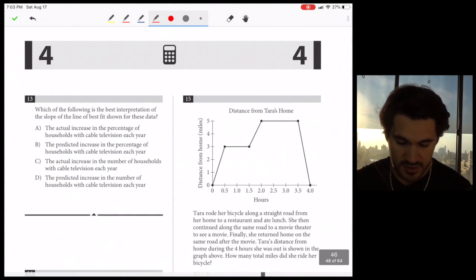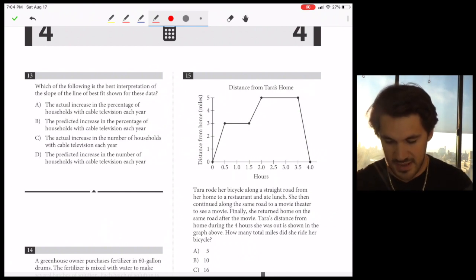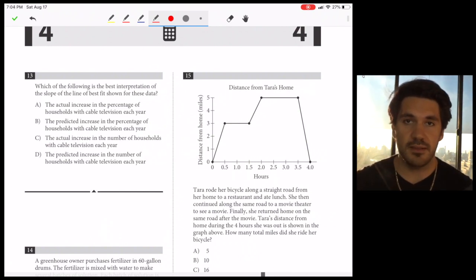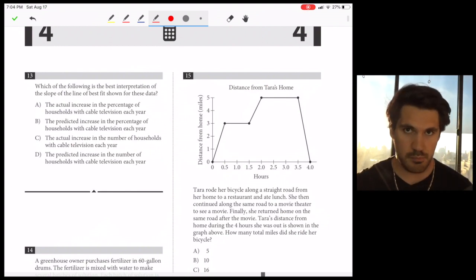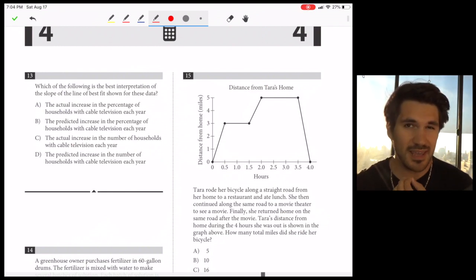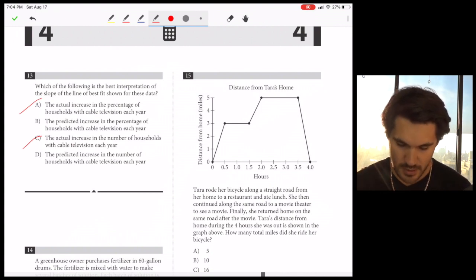Dunzo. Number 13. Which of the following is the best interpretation of the slope of the line of best fit for these data? Line of best fit means we had a line that went kind of through the average of the data points, but it probably didn't hit very many of the data points. So it will never be an actual increase or an actual prediction of what happens. There's always going to be a predicted.